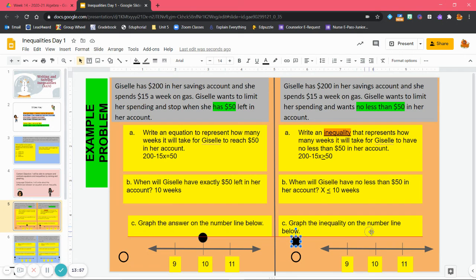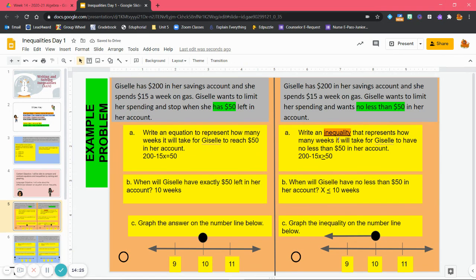And it's equal to 10. And then because it's also less than 10, it could be any number that is less than 10. So I'm going to add an arrow going from the left side, pointing towards that it could be 10 or anything less than 10. And I'm going to make that line just a little bit bigger.